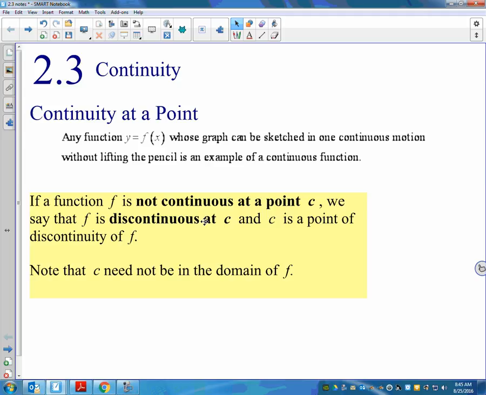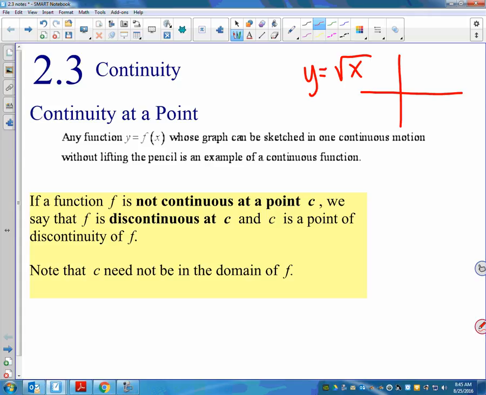We'll look at some points later. But just know that you could say, for example, if I said y equals the square root of x, I like to say that's a continuous function. Because if I graphed y equals square root of x, it starts at 0 and goes up like this, and I can graph that without ever lifting my pencil. But technically, if I said give me a point where it's not continuous, I could say it's not continuous at -1, because there's not a value at -1.